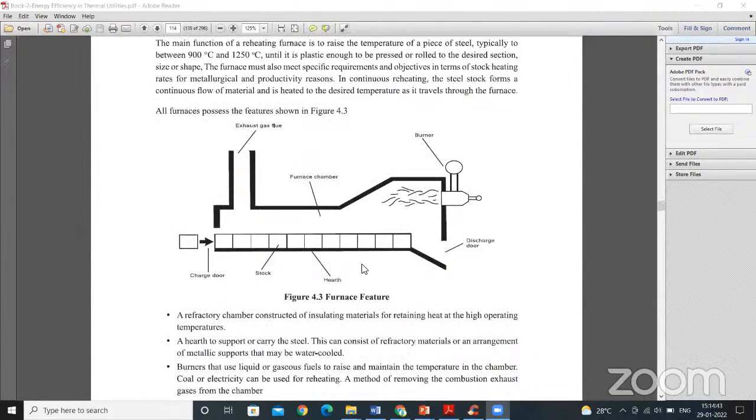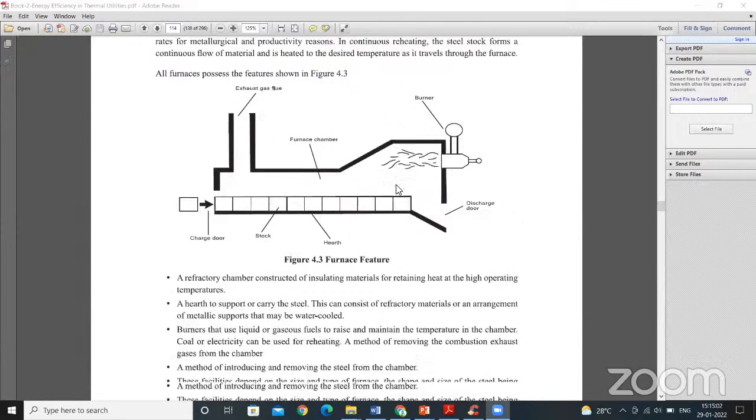And these are the simple furnace features. You have a burner, and you have a charging door, and you are feeding the metal stock here. The chamber is here, and our output component will go outside. Because of the heat developed, the metal will melt, and automatically the flue gas will come out, and that can be taken out. And here the burner is available.